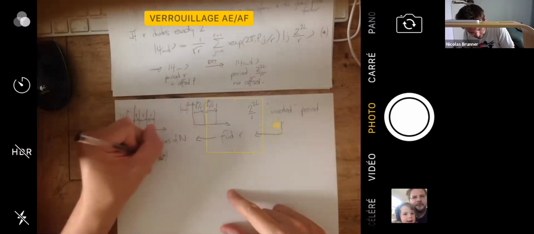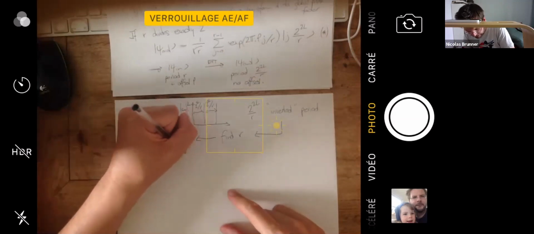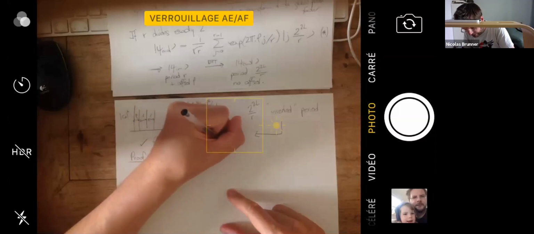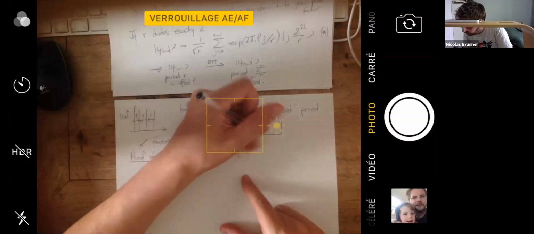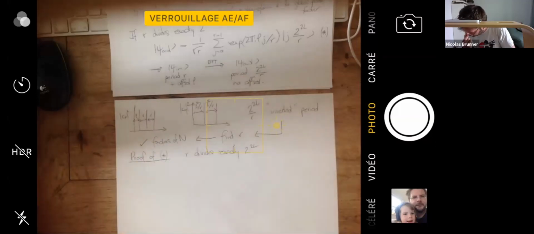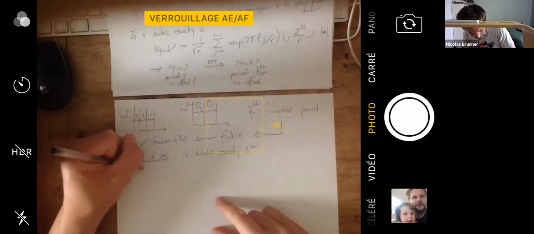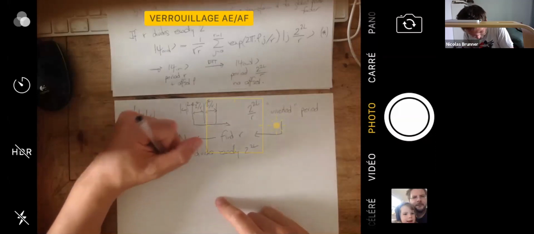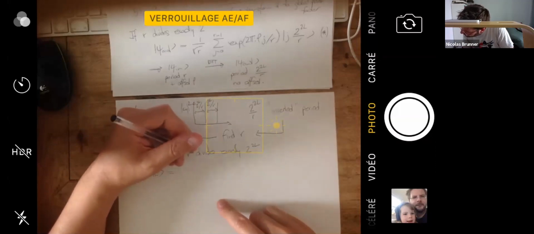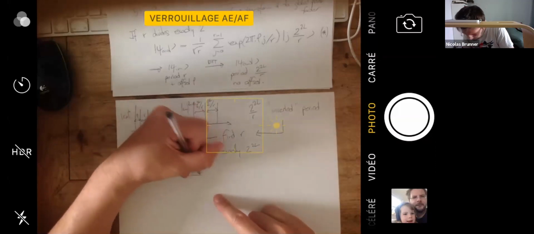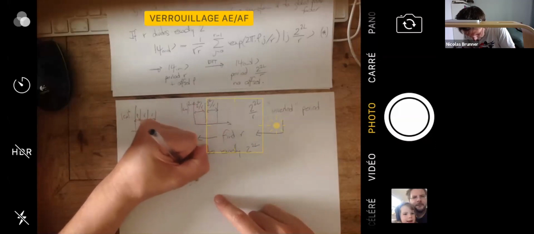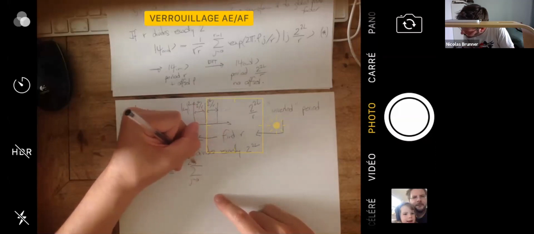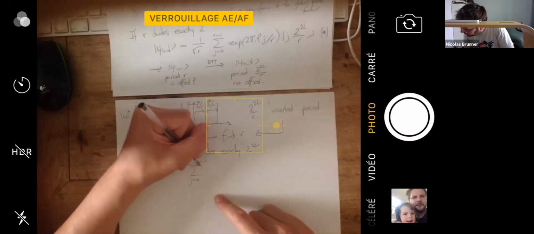Okay, so remember that we work in the case where R divides exactly 2 to the 2L. So I start by writing psi in. Here I write again a sum like this.